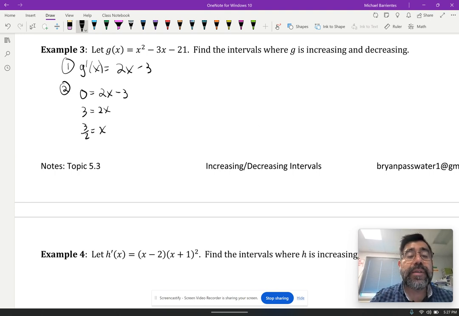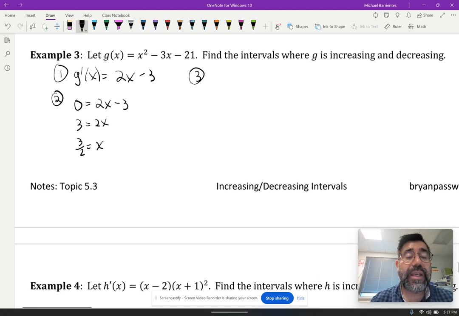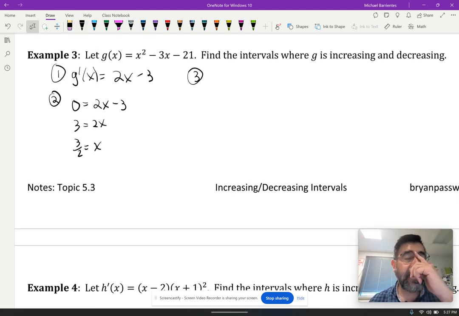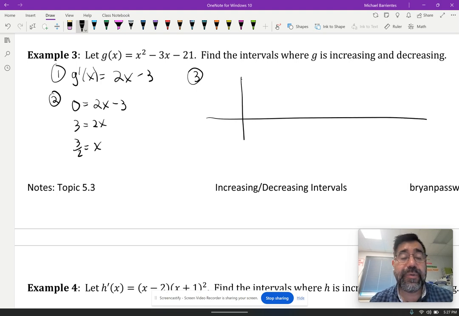Great. Step number 3, and this is something we hadn't thought of doing, although we did do it when we were doing velocity and acceleration, so maybe that will be a helpful memory. So I'm going to make this sign chart. I'm going to put x values down here. Specifically, I'm going to start by putting the critical point x value.